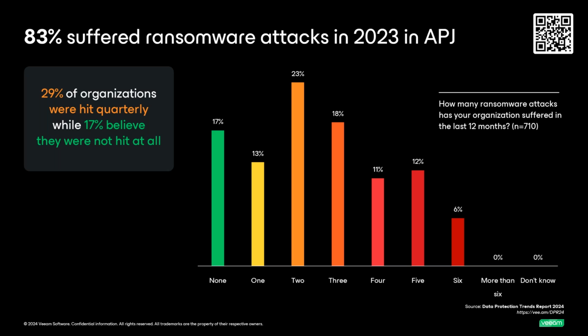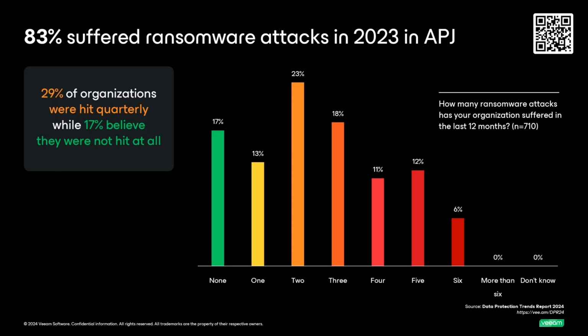What are their needs? Are they moving towards requirements to protect modern workloads, as an example? So I encourage everyone on the call to download this report. This is a report that we do every year, and we survey close to 1,200 customers worldwide.